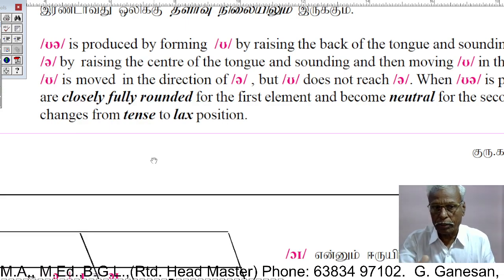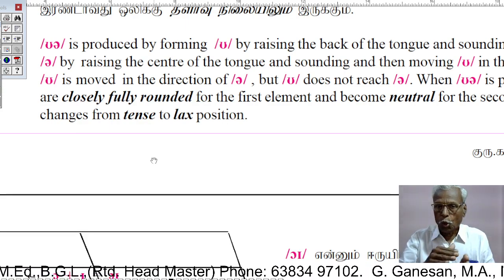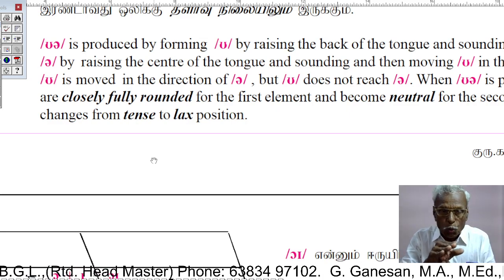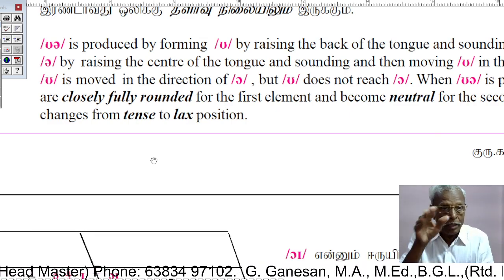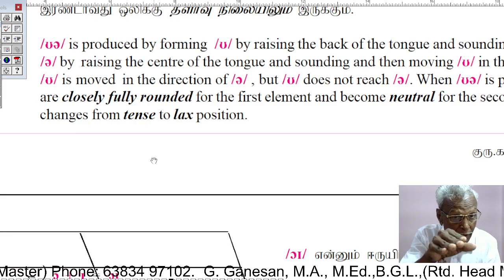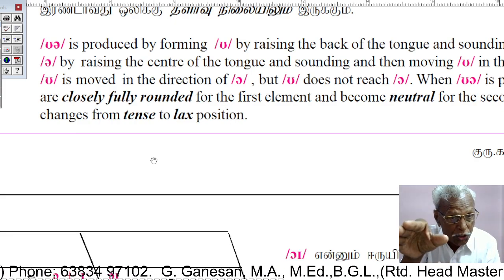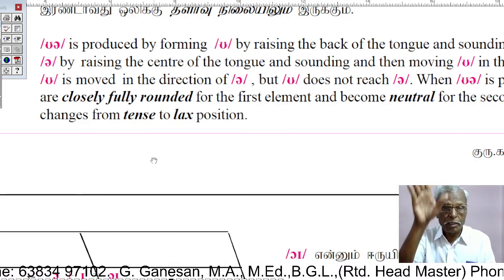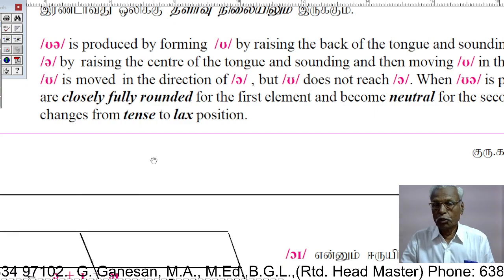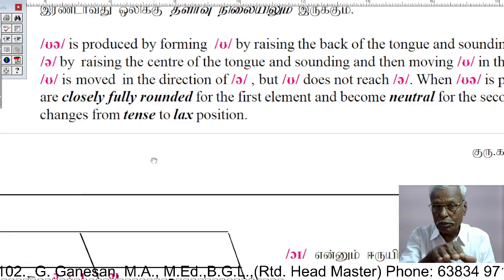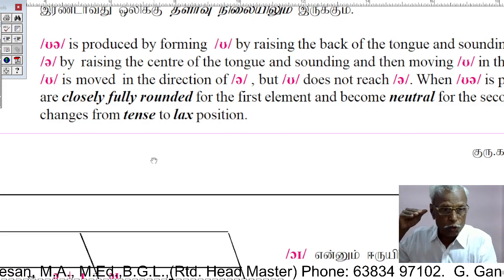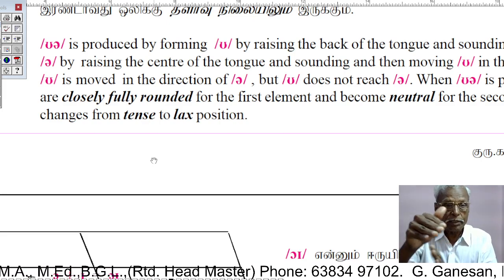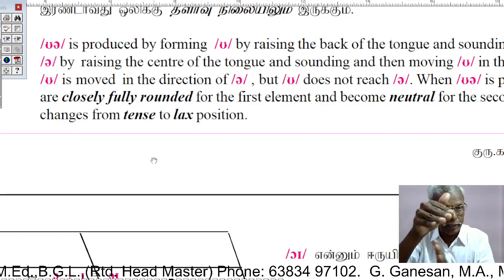U is moved in the direction of A, but does not reach A. First U is produced, then A is produced, then U is moved in the direction of A.